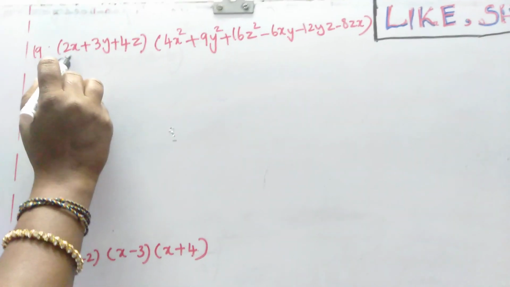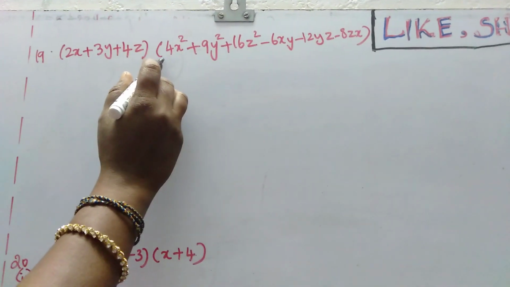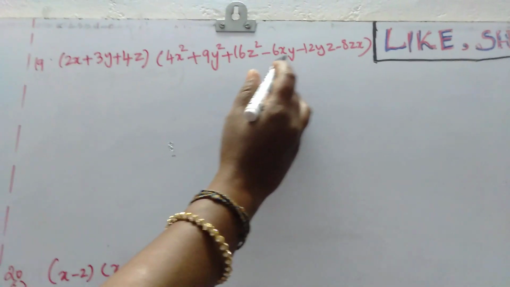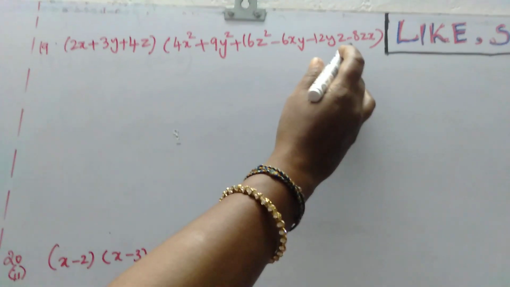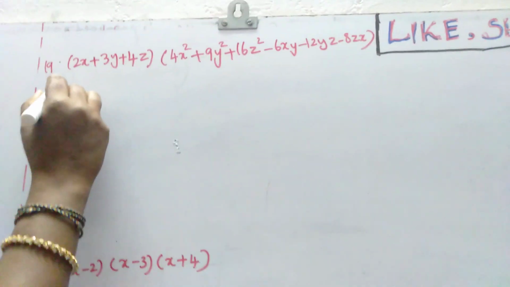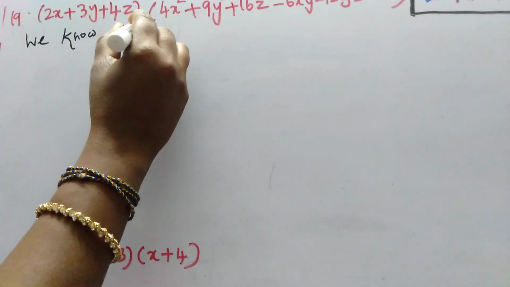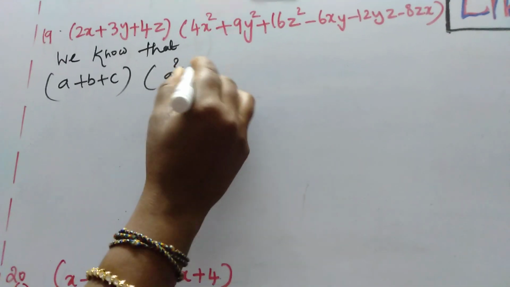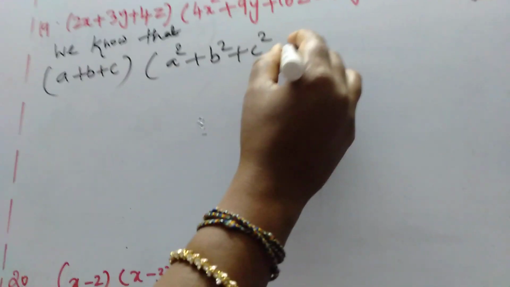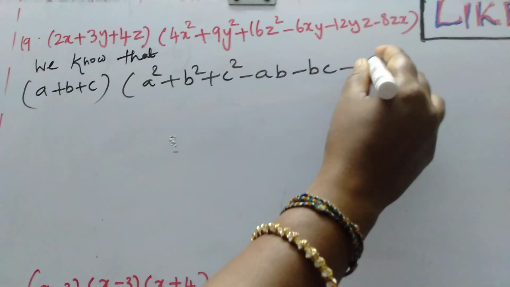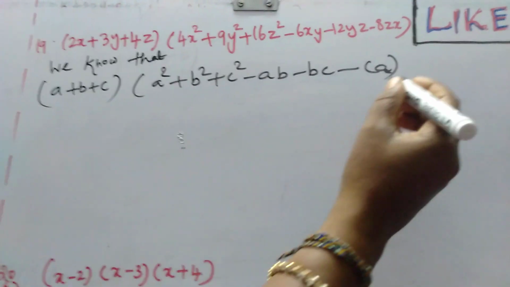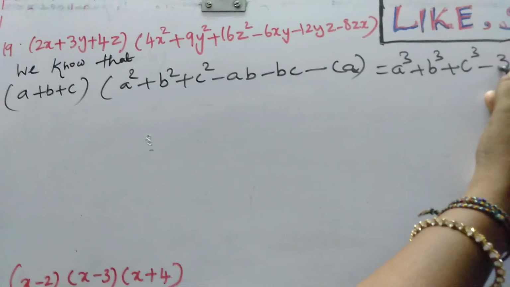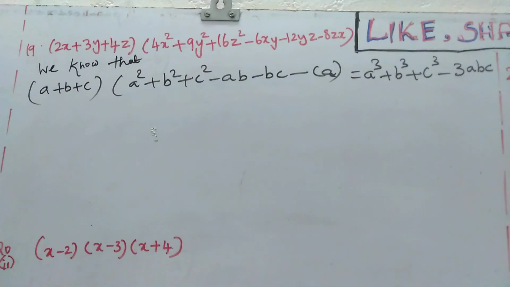The question is (2x + 3y + 4z)(4x² + 9y² + 16z² - 6xy - 12yz - 8zx). We know that (a + b + c)(a² + b² + c² - ab - bc - ca) equals a³ + b³ + c³ - 3abc, right? Okay.